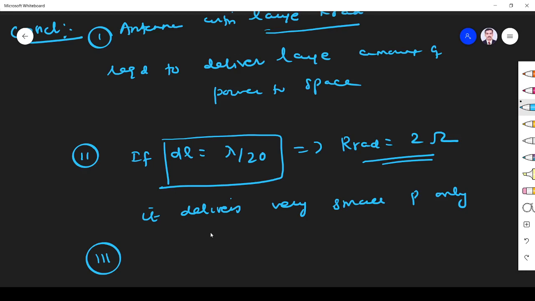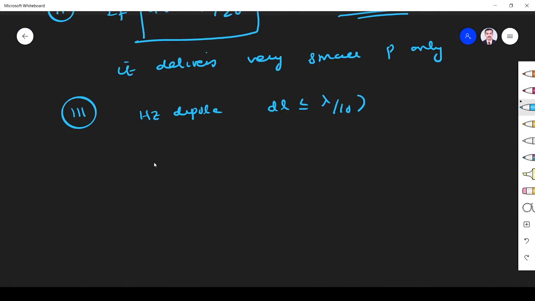So that is another thing we have to remember. For a Hertzian dipole antenna, the main condition is DL must be less than or equal to lambda by 10. So this indicates R radiation is very small.